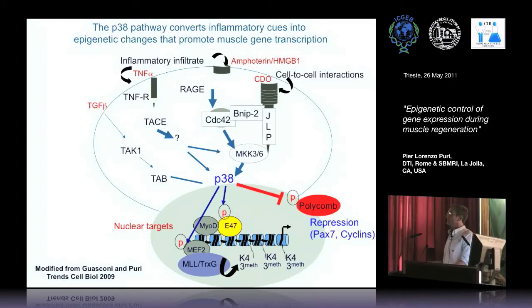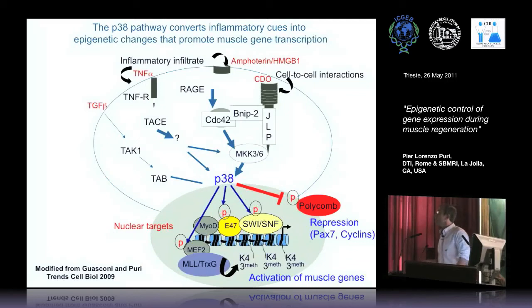We showed last year that p38 also engages the Polycomb complex to repress Pax7. So in a way, p38 can activate muscle genes and repress those genes that are not needed for muscle differentiation anymore.